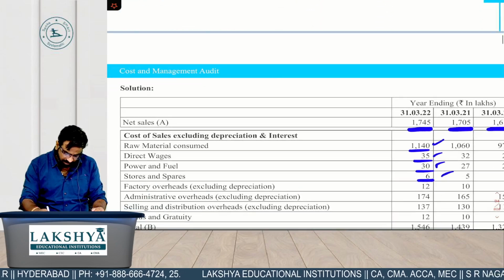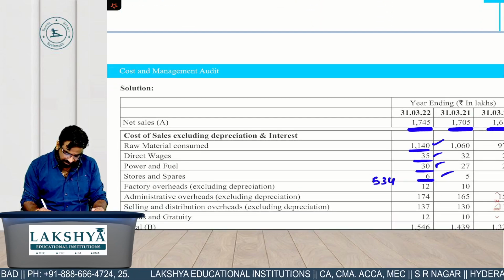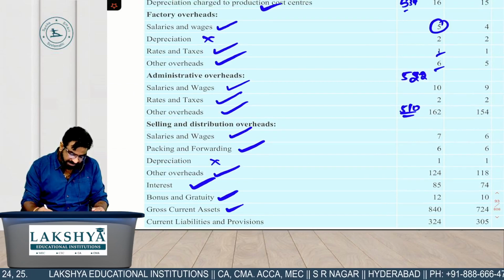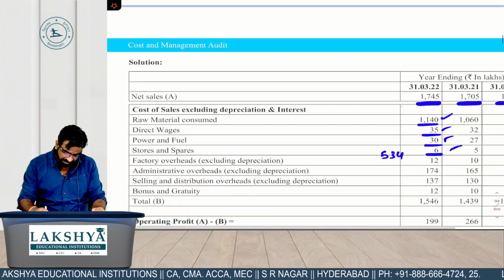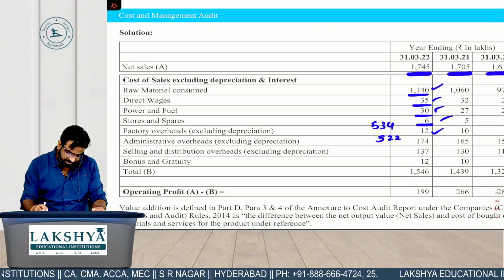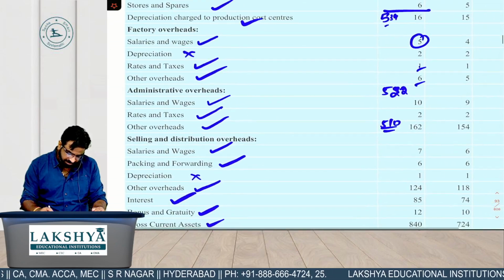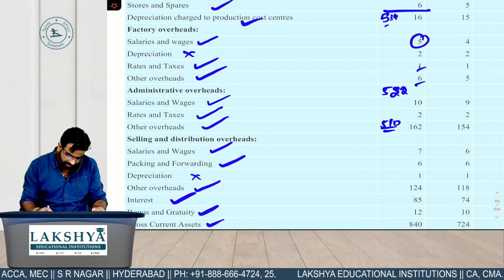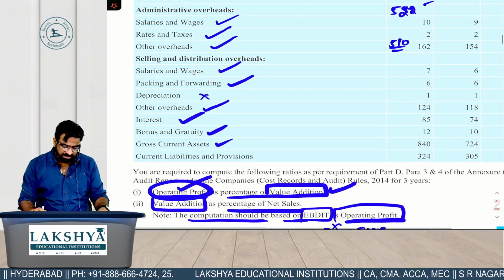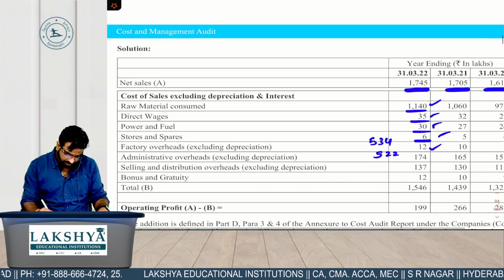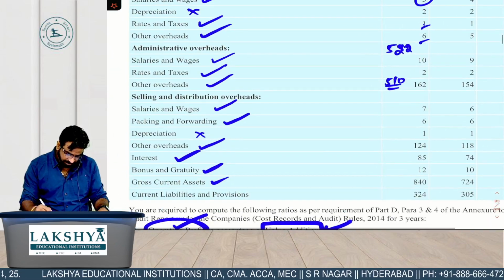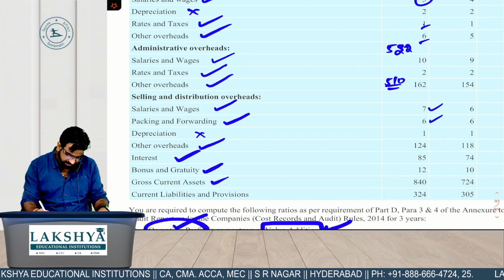What is the answer we got up to this? 534 had come here. Okay. Minus factory overheads except depreciation, 1 plus 6 plus 5, total 12. So minus 12, okay. 522. Then minus administrative overheads, how much is it? 162 plus 10 plus 2, how much? 174. Minus that, how much? 348, minus 7, minus 6, minus 124.